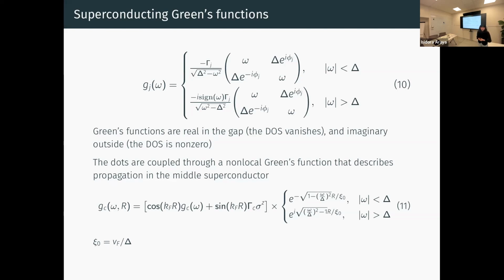So I'm wondering if you have charging energy for your middle superconductor, does it help or does it suppress this coupling or the effects you study? Charging energy where, in the middle superconductor? Yeah. Or is it becoming a completely different system we are looking at?